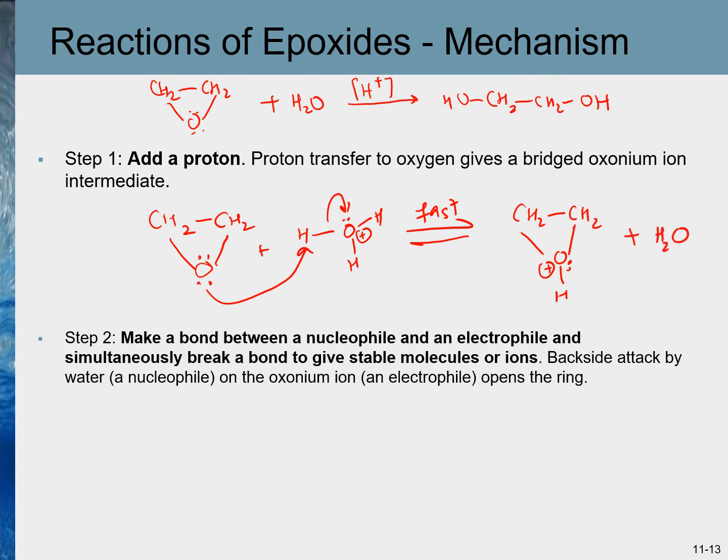In step number 2, the oxonium ion is attacked by water. Water is acting as a nucleophile, and this attack resembles the SN2 type of attack. The nucleophilic attack takes place on the back side, and the oxygen atom in the oxonium ion leaves.